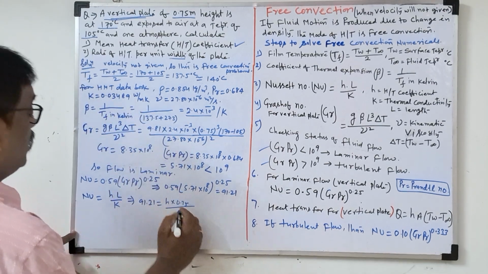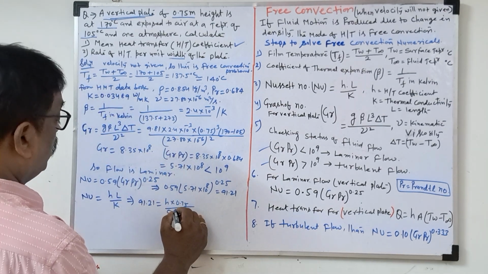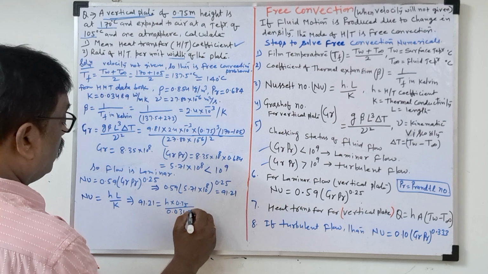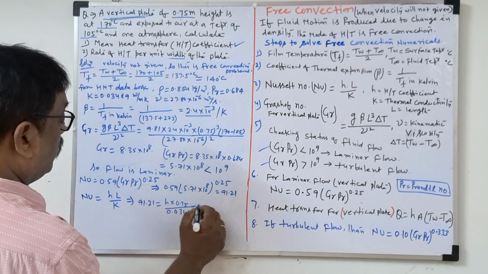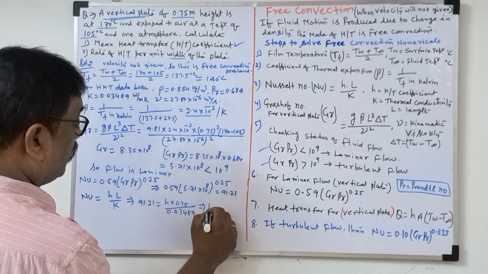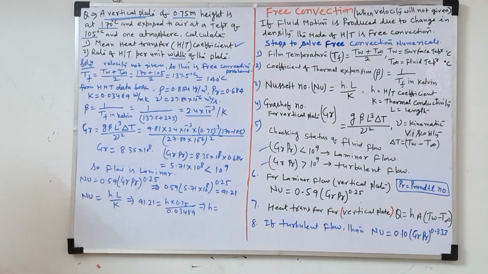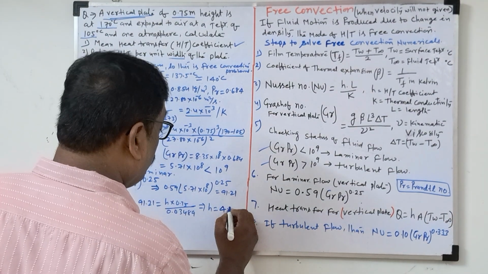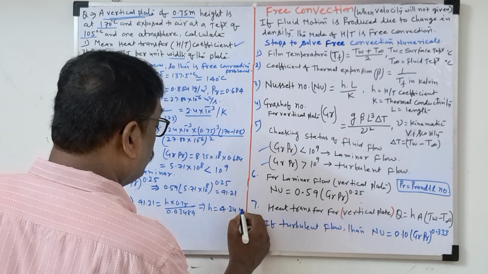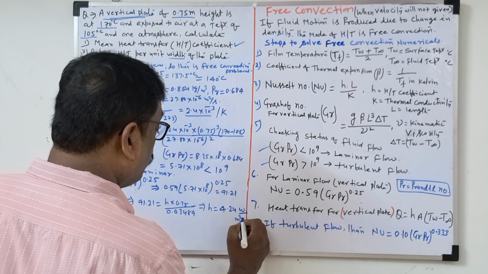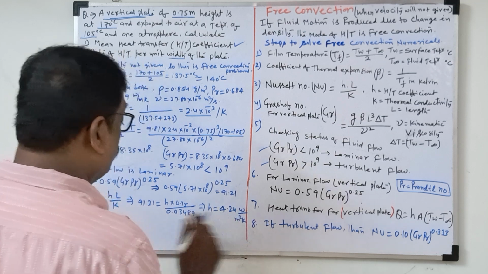The k value is there, 0.03489. If we solve, the h value will come 4.24. The unit will be watt per meter square Kelvin because it is the heat transfer coefficient.